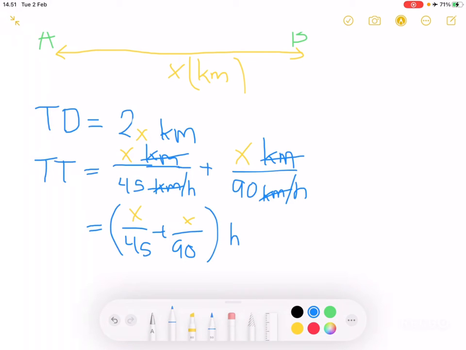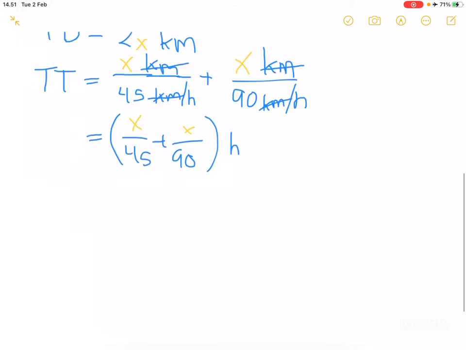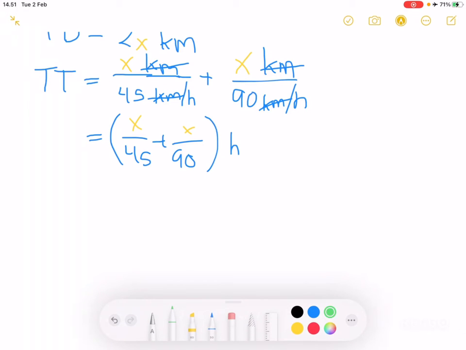hours. We can combine these fractions by multiplying by 2 on both the numerator and the denominator of this fraction, so we can make the denominators the same. So we have 90, we just combine those two. So we have 2x plus x. And don't forget the hours.